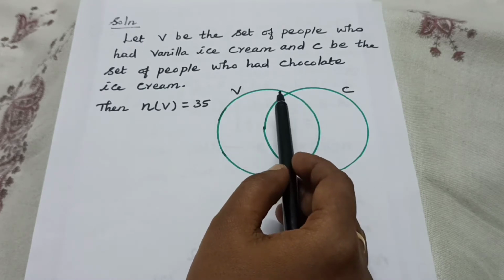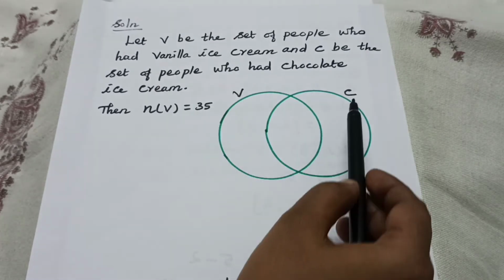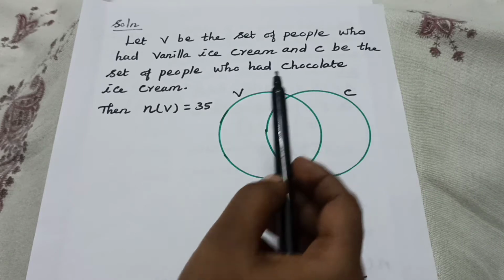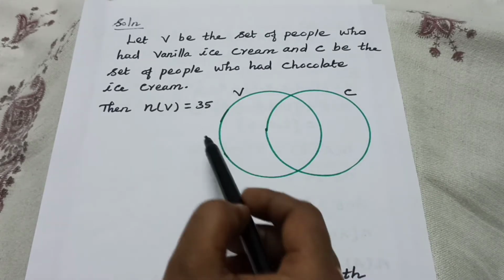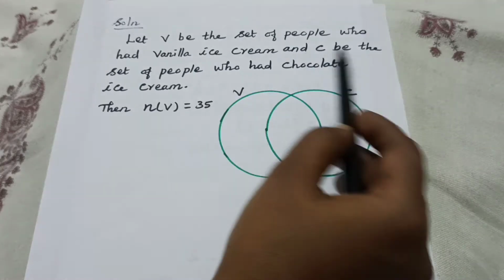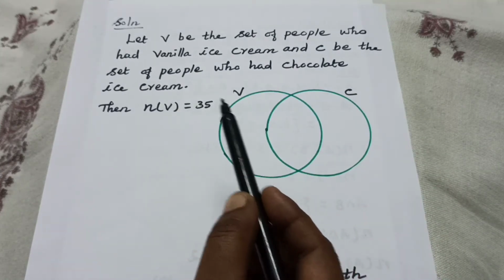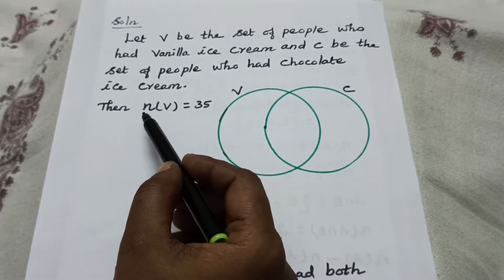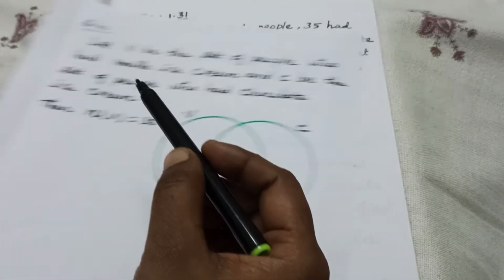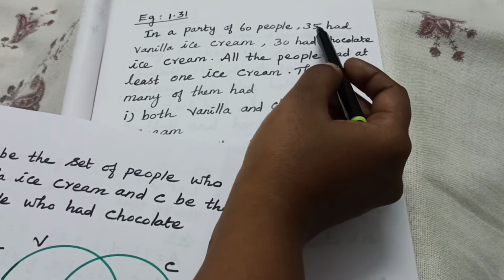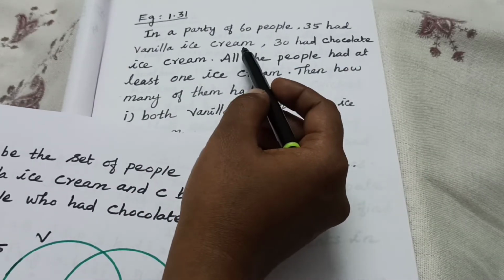So here vanilla ice cream first set, then second we have to draw the Venn diagram. Total is not given, so this rectangle box is not needed. Here what is given? 35 had vanilla ice cream.